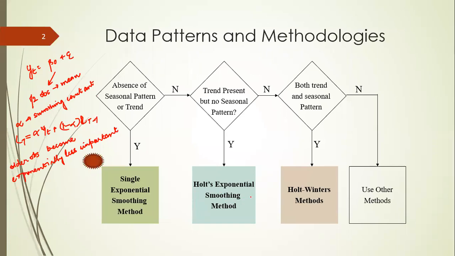So we are going to talk about a couple of new cases: what if a trend is present but no seasonal pattern, and the next, where both trend as well as seasonal pattern are present. In the case where you only have trend but you don't have a seasonal pattern, we will call that Holt's exponential smoothing, or sometimes also known as double exponential smoothing.